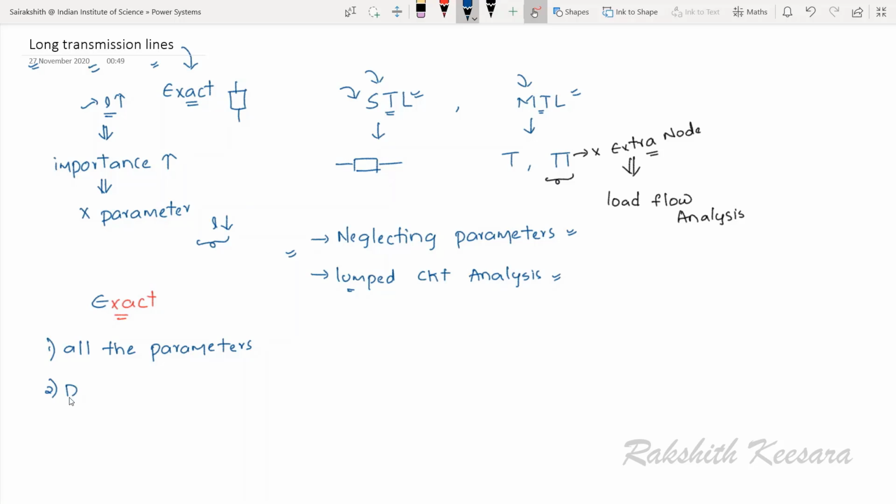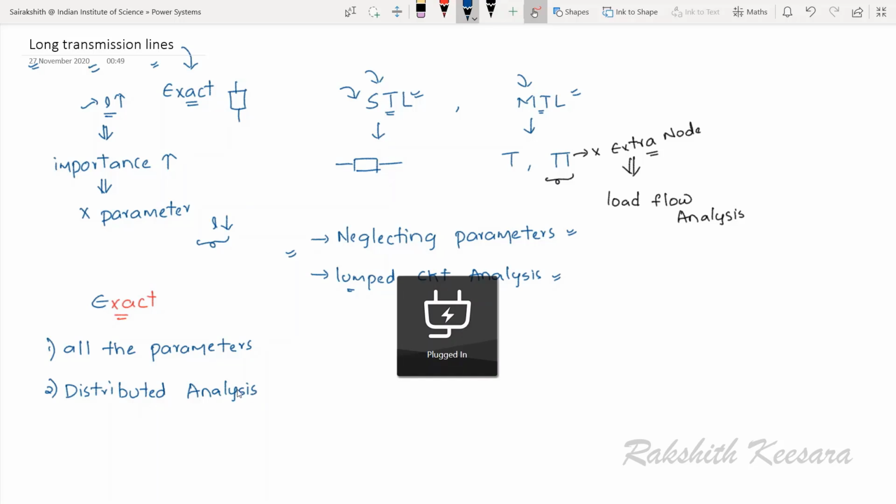So we should do distributed analysis. These two points we should keep in mind. With this motivation, we will move ahead and derive the equations for long transmission lines.